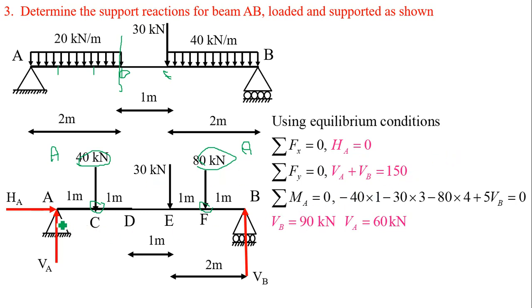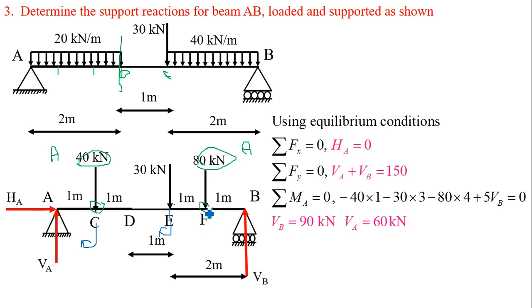Then taking summation of moment about point A as 0. So here 40 with perpendicular distance 1, nature of moment is clockwise in direction, so negative, minus 40. Then 30 with perpendicular distance 1 plus 1 plus 1, 30 into 3, again nature of moment clockwise in direction, minus.